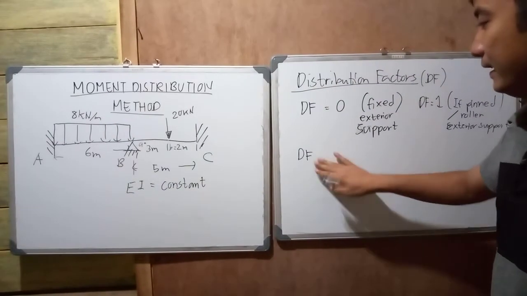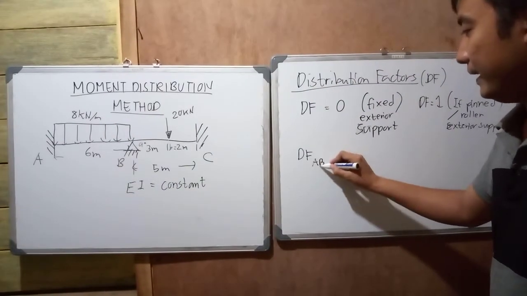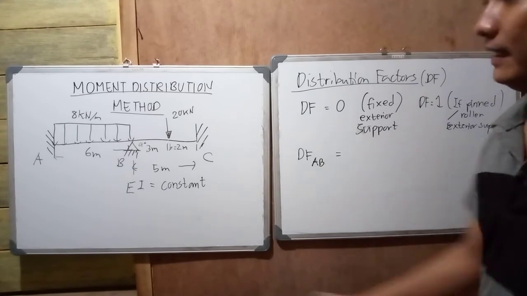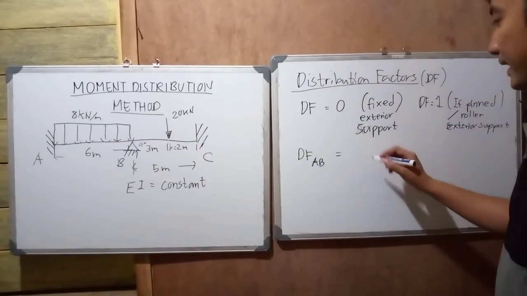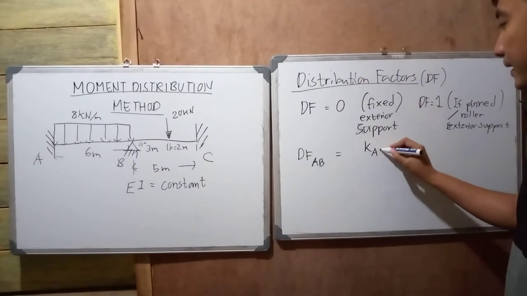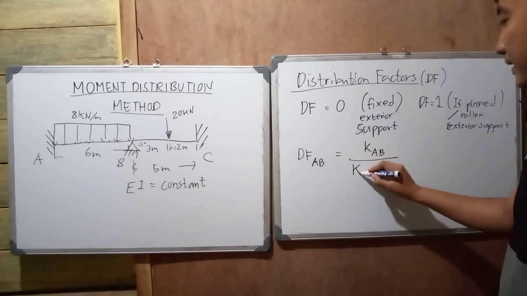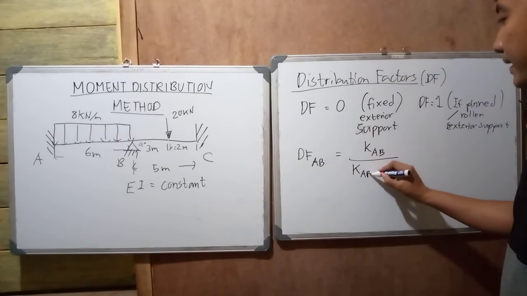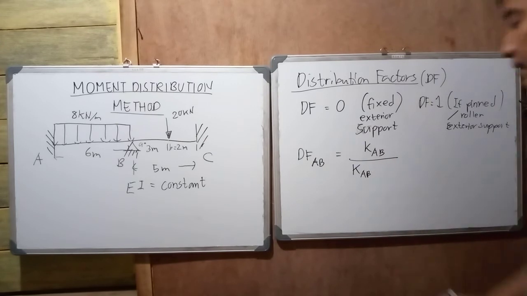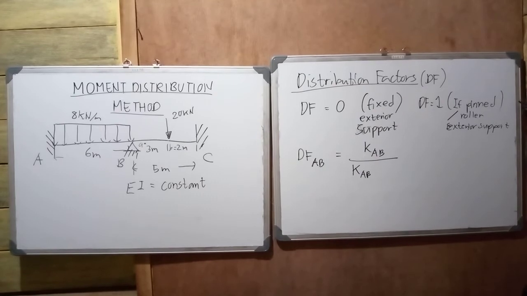So, let us say DF AB is equivalent kay KAB over KAB alone, okay?